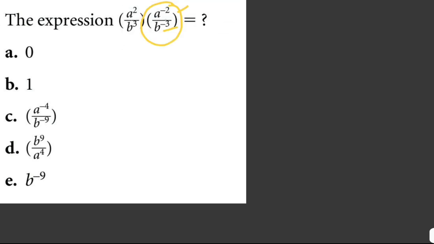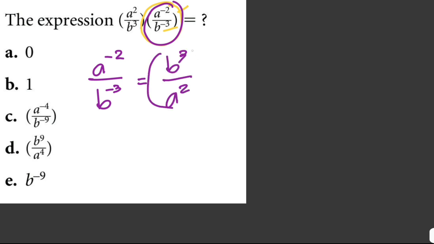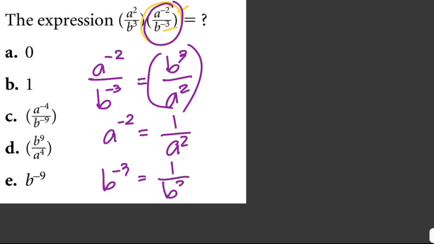Therefore, we can rewrite a to the negative 2 over b to the negative 3 as b cubed over a squared, because we can write a to the negative 2 as 1 over a squared, then b to the negative 3 as 1 over b cubed.